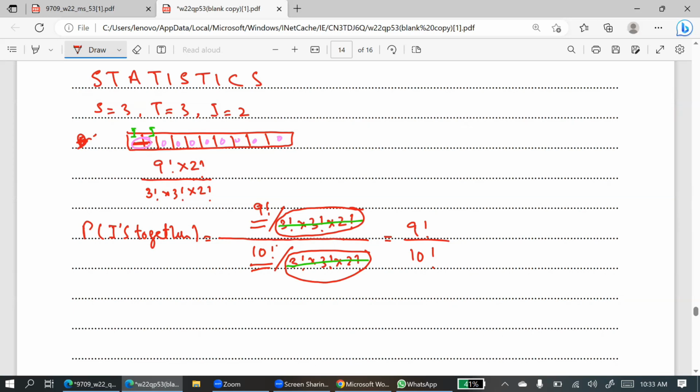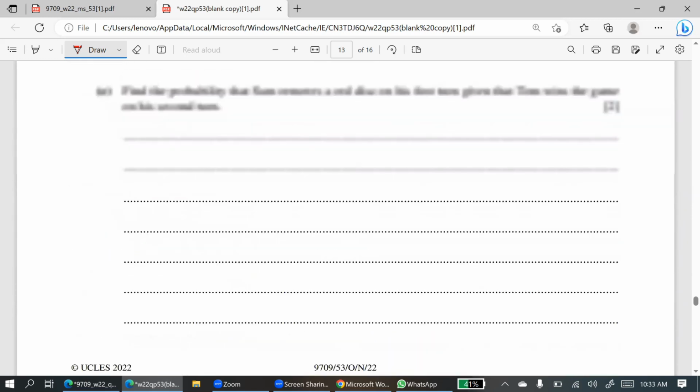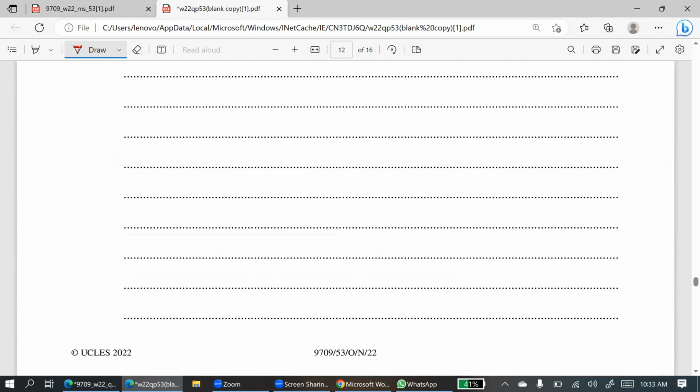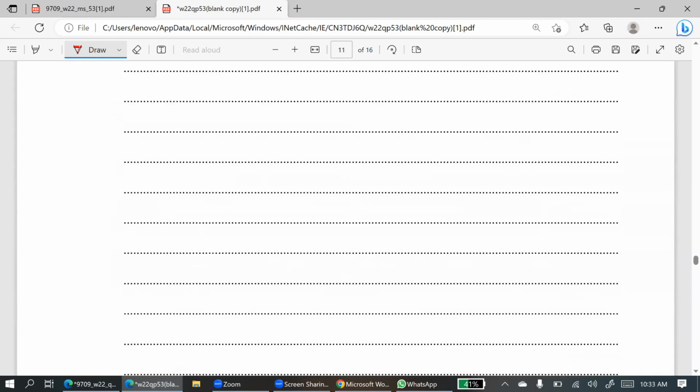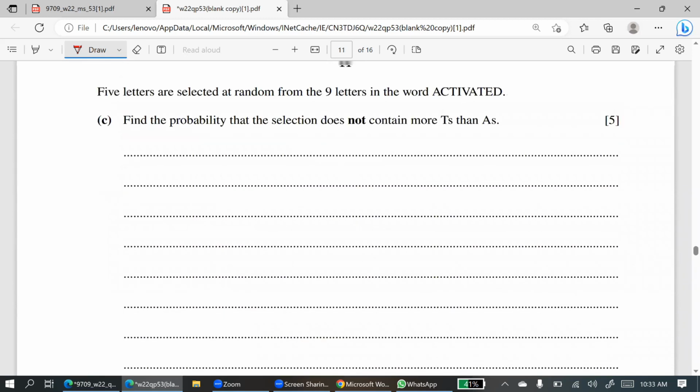जी सर। ठीक है. Now we will use the same method in the question when there is a repetition of letters in the question of combination and we want to find the probability.